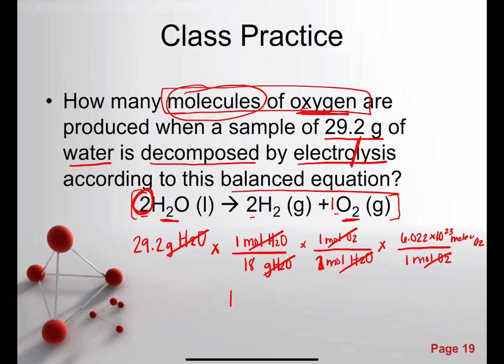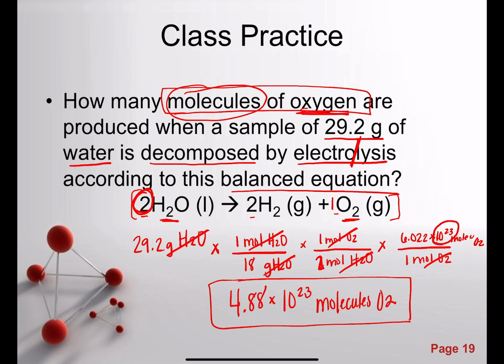So I got 4.88. And then we still have to tack this part back on there. 4.88 times 10 to the 23rd molecules of O2. And that should be your correct answer.